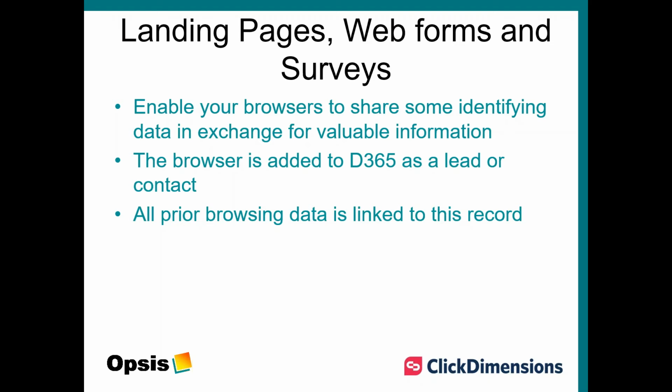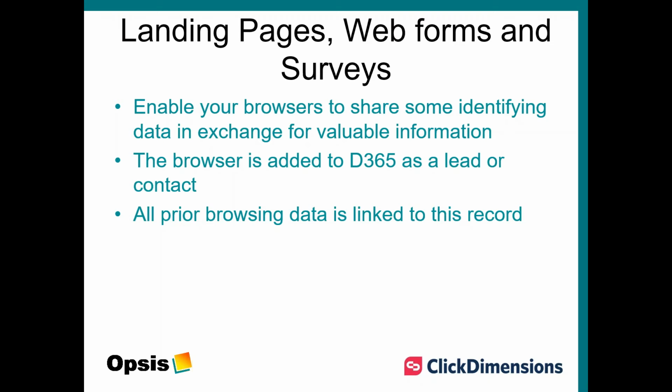I'm using the word browser here to refer to anybody on the website. They might be an anonymous visitor, they might be a lead already, or they might be a contact. But we have got to the point where they are willing to share some identifying information.